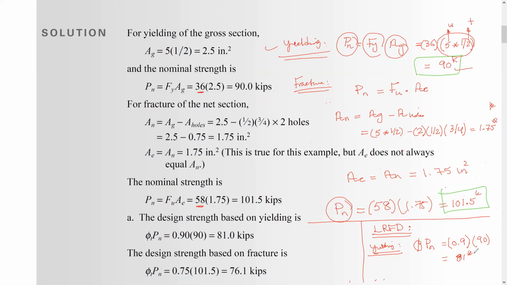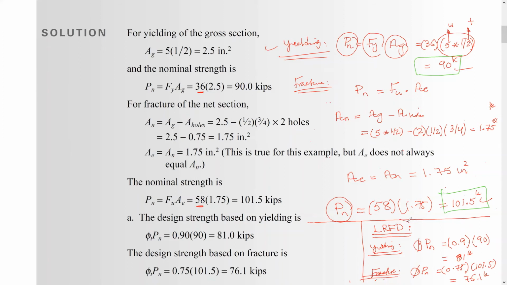And right now, if we do that for fracture, phi is equal to 0.75 times the fracture nominal strength, which is 101.5, and this one here is equal to 76.1 kip.